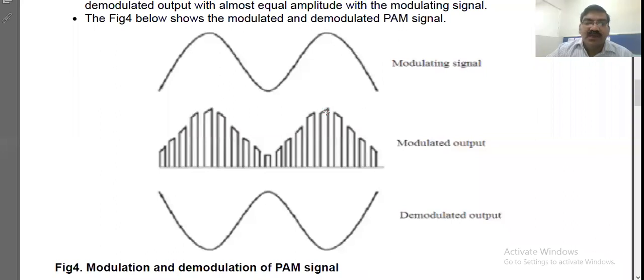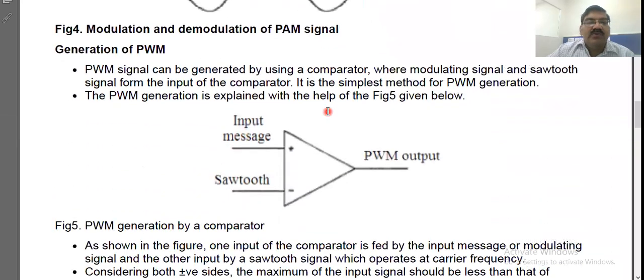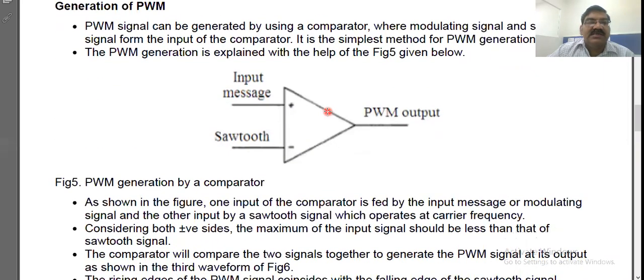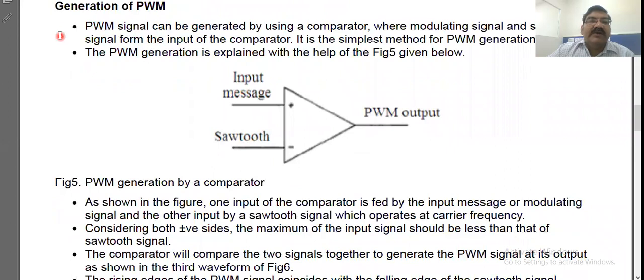Okay. Now this is pulse amplitude modulation, which we discussed, and demodulation also. Now we will go for the next, that is the generation of pulse width modulation. Now what is done in pulse width modulation?